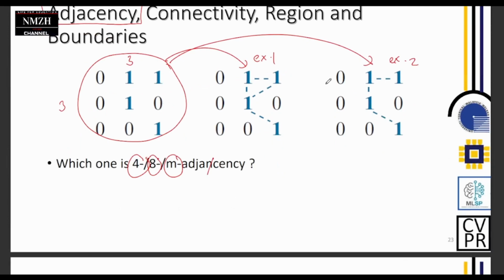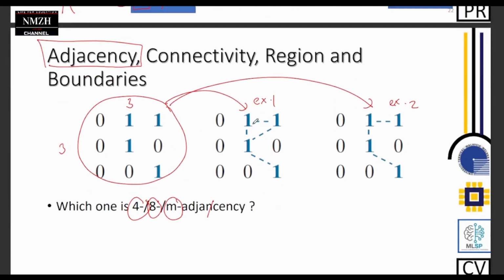This particular example in the middle is basically having this. This is 4 adjacency, and this is 4 adjacency, while this one is 8.